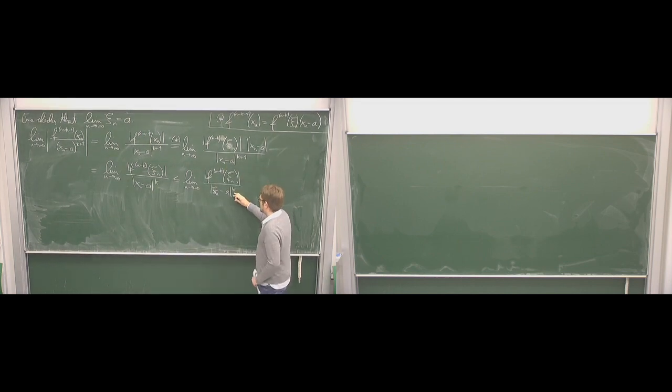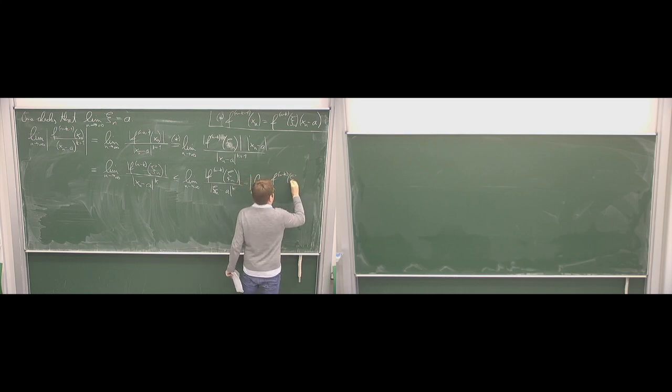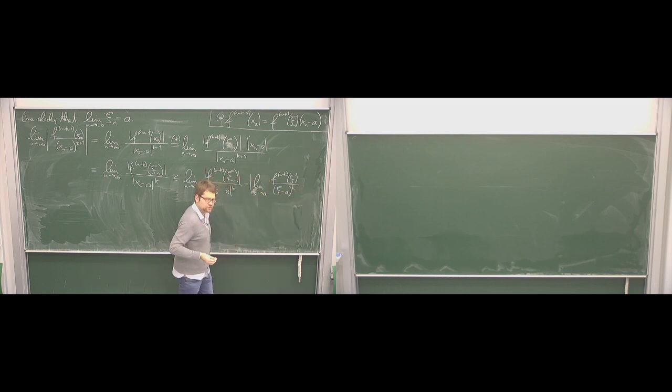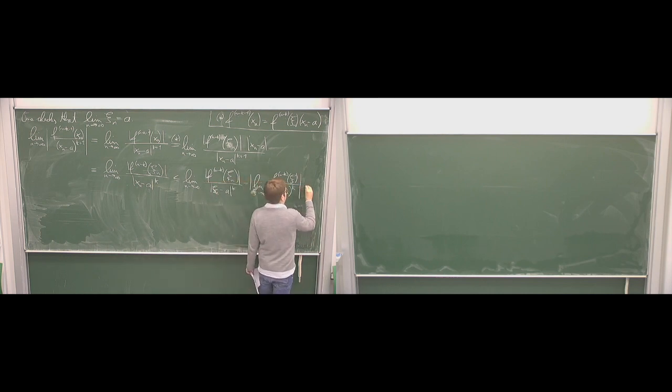But this, by the induction hypothesis, is the same as, basically, the limit as psi goes to a of f_{n-k}(psi) divided by (psi - a)^k. Now the limit as a function, with the absolute value pulled outside, is 0 by the induction hypothesis.